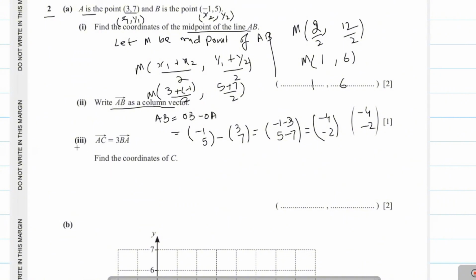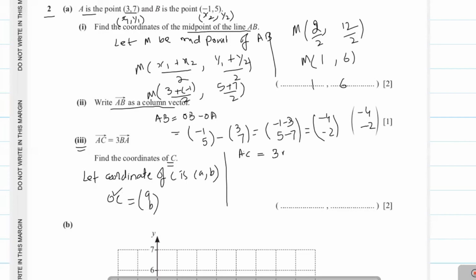Next, part third, AC equal to 3BA, find the coordinate of C. Let the coordinate of C be (a, b), and we can write in column vector form OC. We have to calculate the coordinate of C. Firstly, we have to calculate the column vector OC. Look here, AC equals 3 times BA, and we can write this as OC minus OA, and this is 3 into (OA minus OB).